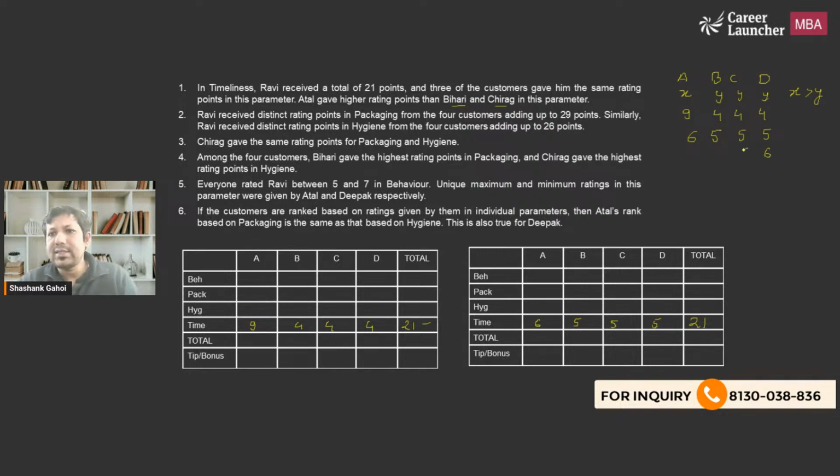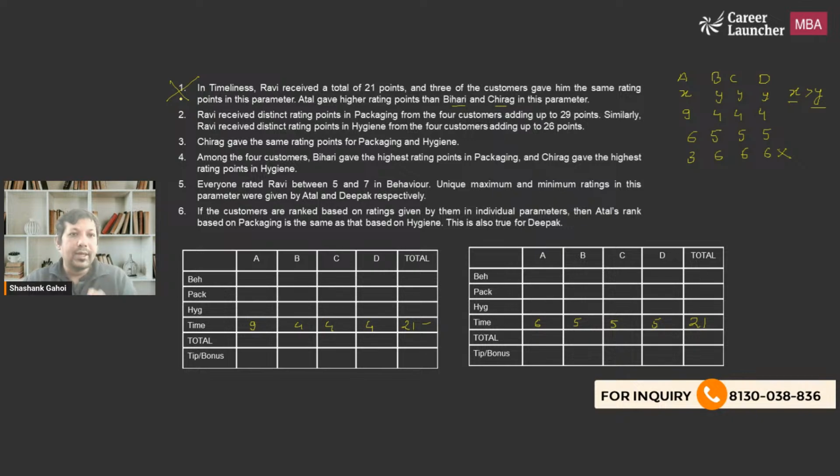Because then it is 18, so X should be 3, and that's not possible because X should be greater than Y. So any value from this point and beyond cannot be possible. Okay, so I have completely used the first point. I'm not going to read it again because I have filled in all the possible values over here. So I'm going to cross it out.